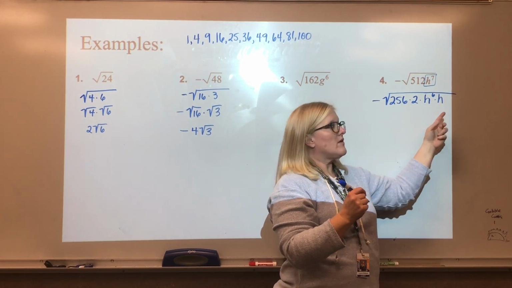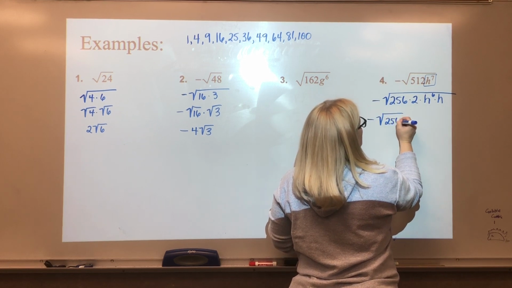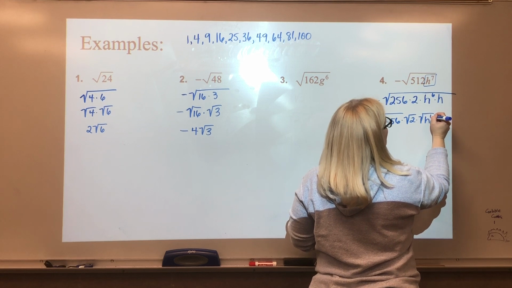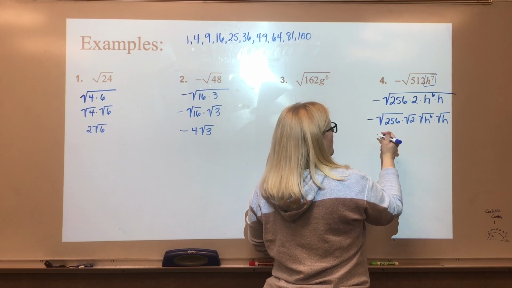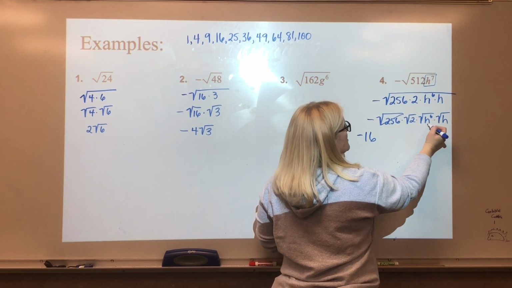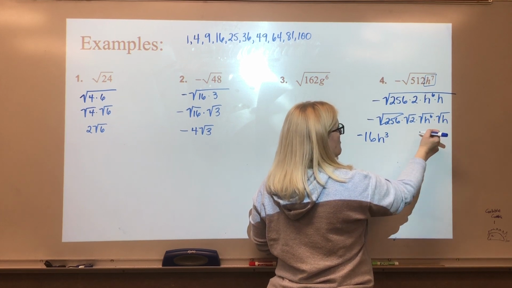So now I've got the square root of 256 times the square root of 2 times the square root of h to the 6th times the square root of h. This is a perfect square. It's 16. So I'm done with that one. This is a perfect square. It's h to the 3rd, because I divide by 2.